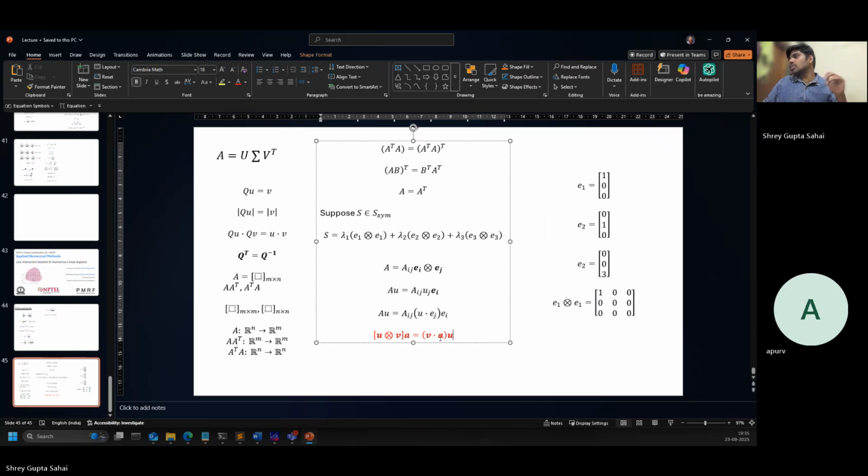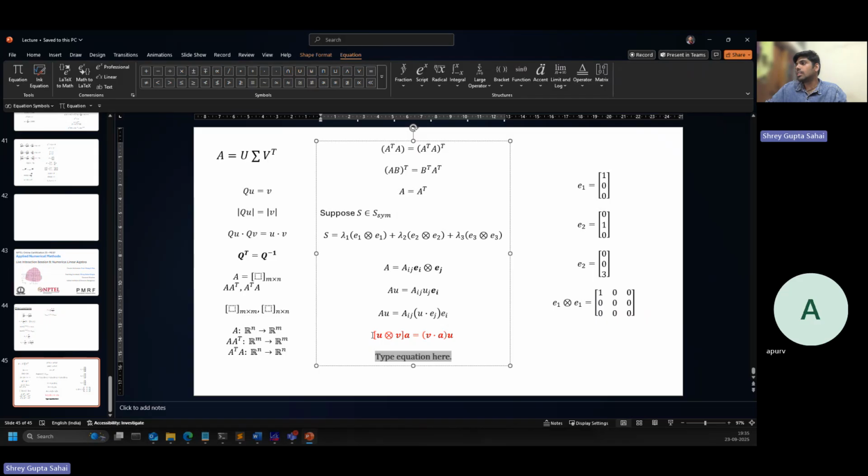Suppose I want to find the entries of this matrix. If you want to find the entry of a matrix, what do you do?